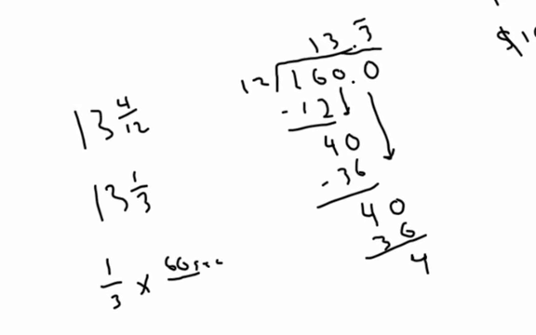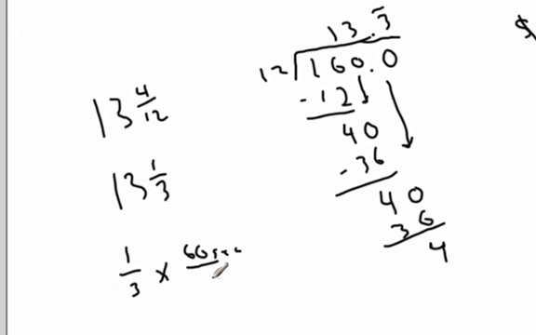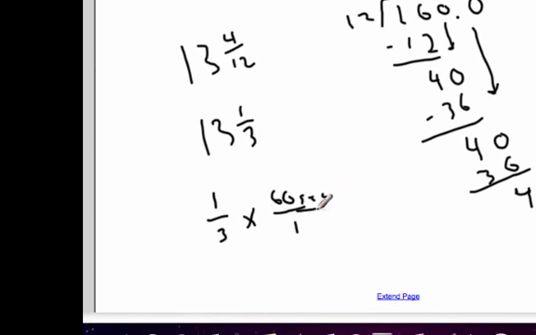We'll be left with 1 times 60 is 60, and 3 times 1 is 3. So we'll have 60 over 3, and that's just a division problem. 60 divided by 3 is 20. So we're going to have 13 minutes and 20 seconds.